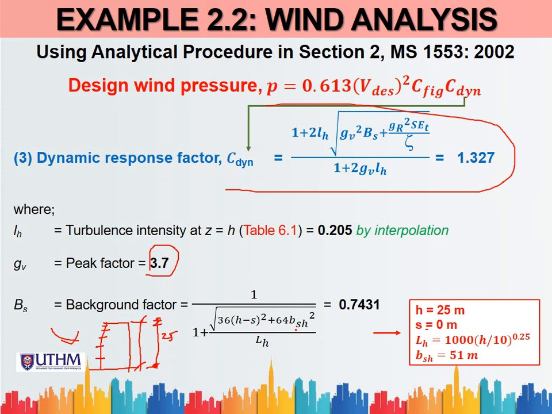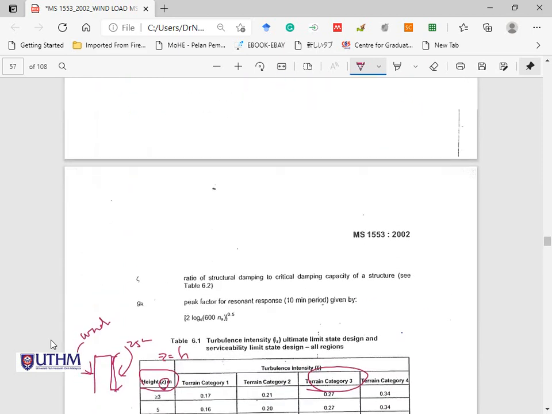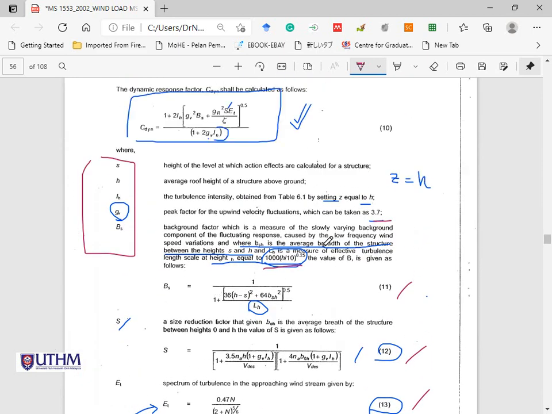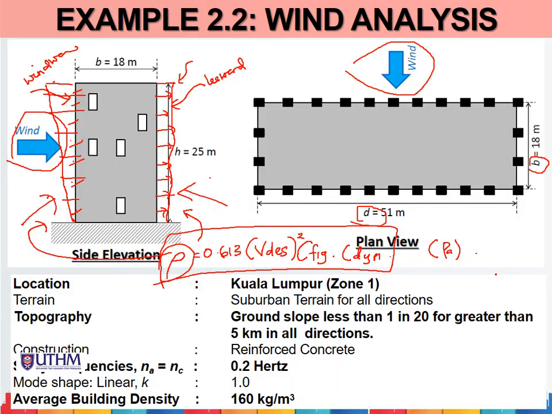Okay, so BSH. This BSH is the average breadth of the structure between the height S and H. Dalam definisi yang mudah, this is the wind direction.